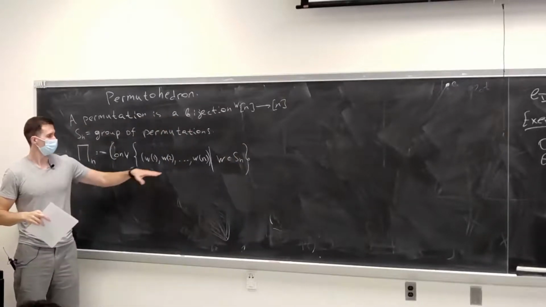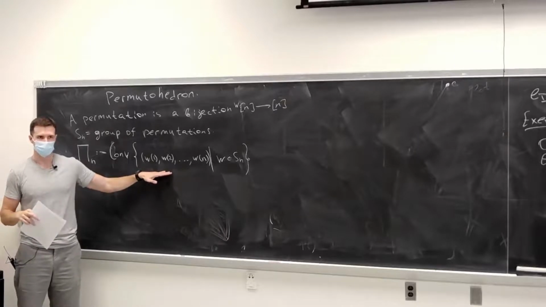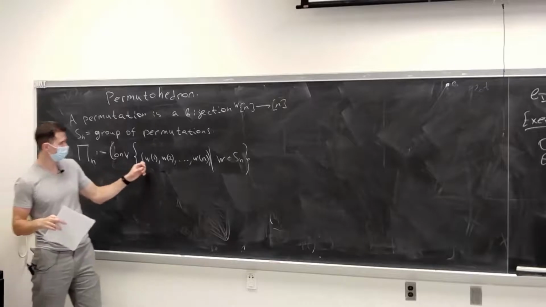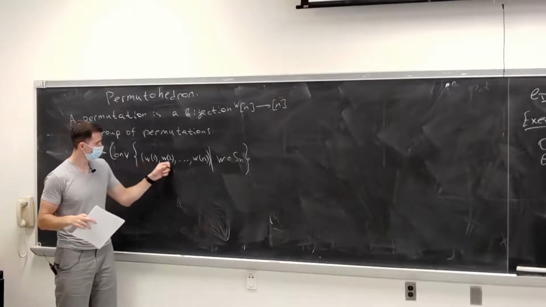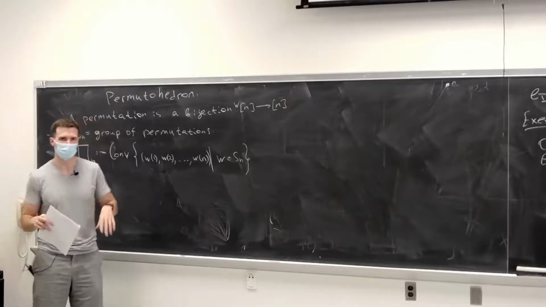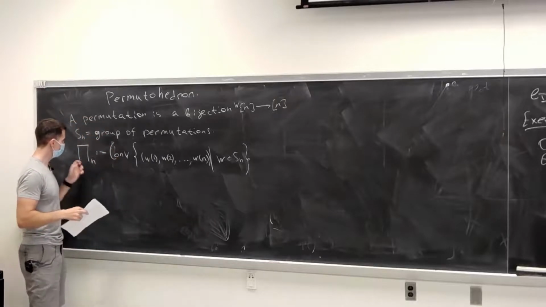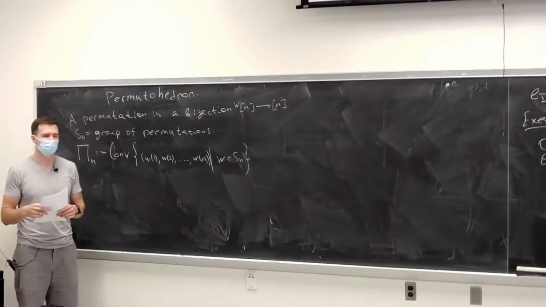So you take n factorial different points in n-dimensional space. These points are obtained by taking the vector 1, 2, all the way up to n, and then permuting the coordinates in some way. Then you take the convex hull, so you get the Permutahedron.